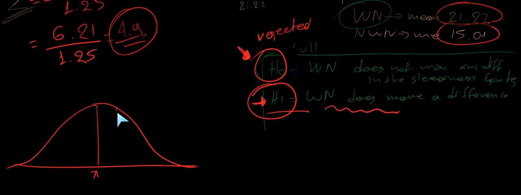So I want you to remember the theory of the standard deviation. I don't know if you remember from your mathematics the rule: 68, and 99.7. This is 1 standard deviation, 2 standard deviations, 3 standard deviations from the mean.